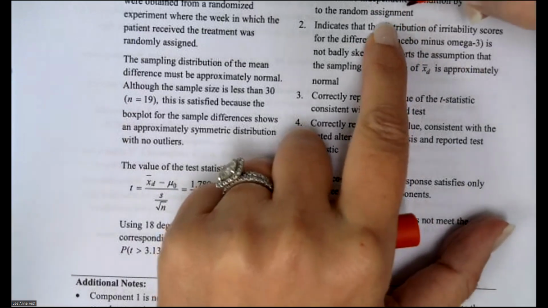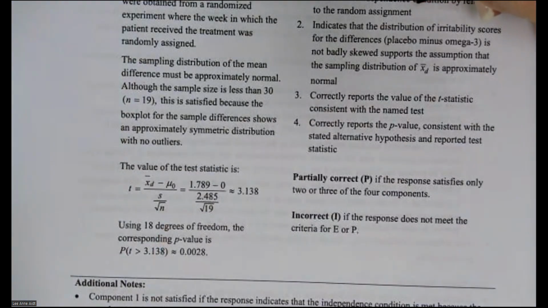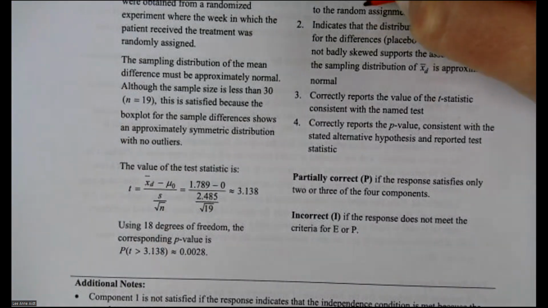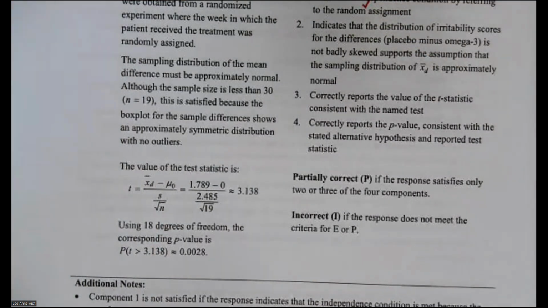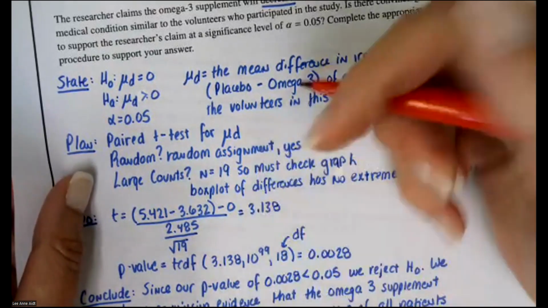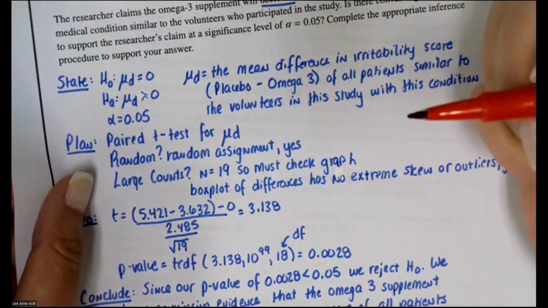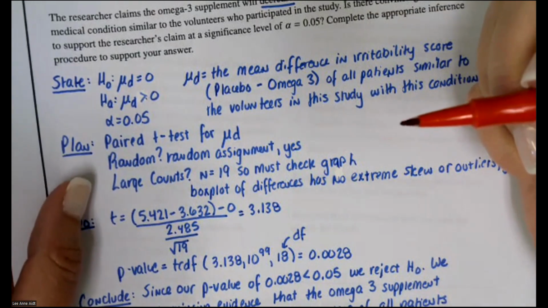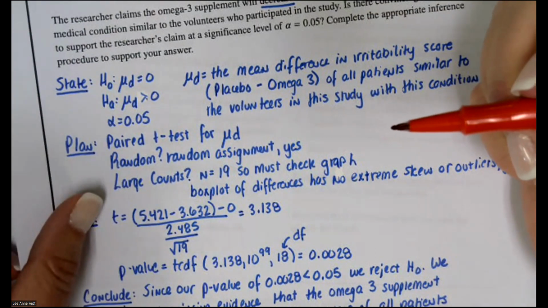Checks the independence condition by referring to random assignment. So all you have to do is say that there's random assignment. We put ours in the random condition. Remember, you don't have to do the 10% condition.